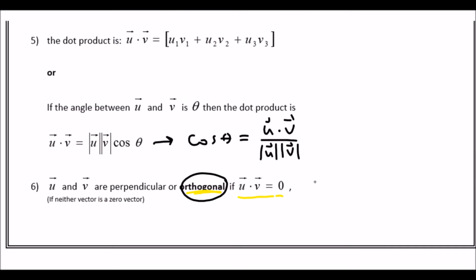We also know that if u dot v is greater than 0, that means the angle between them is between 0 and 90.